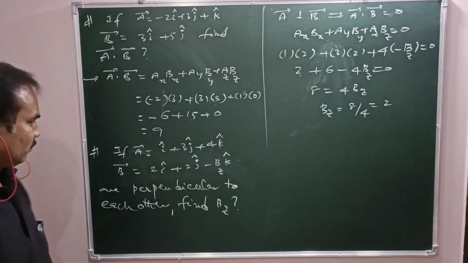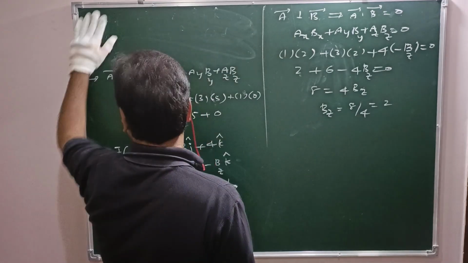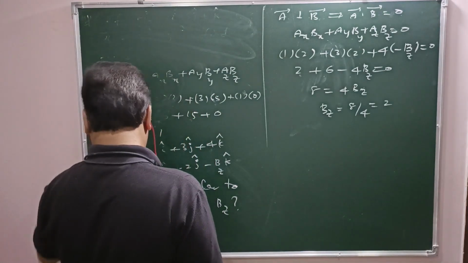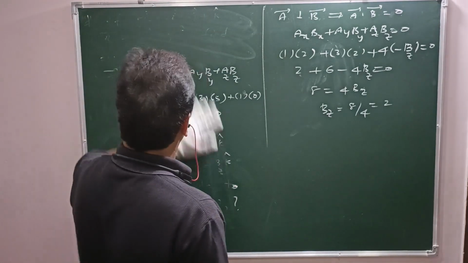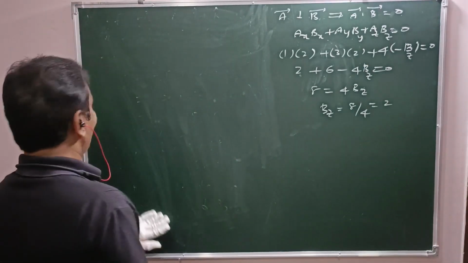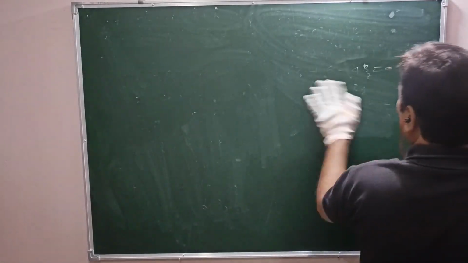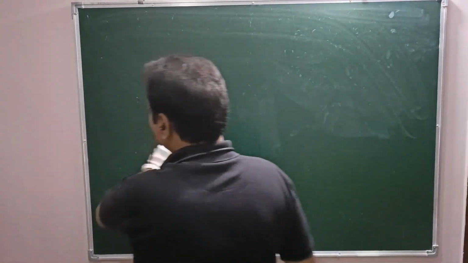Okay. Now coming to an important topic, one more important point: the component vector of a bar in the direction of another vector. Let us see.